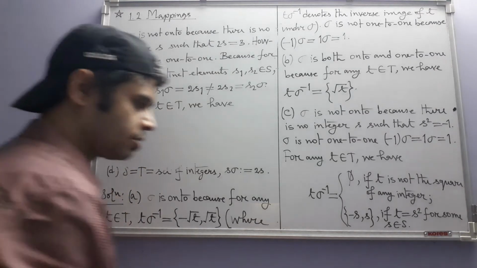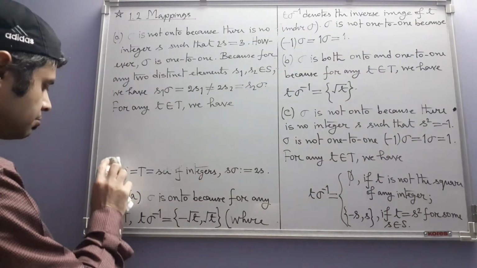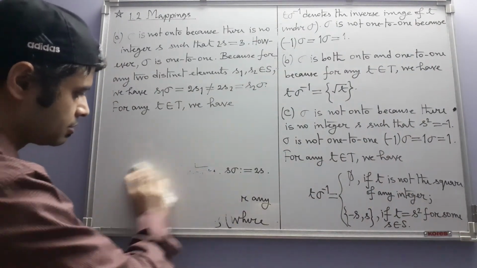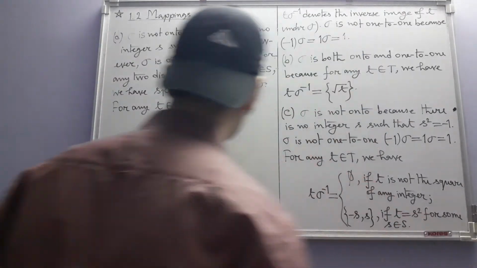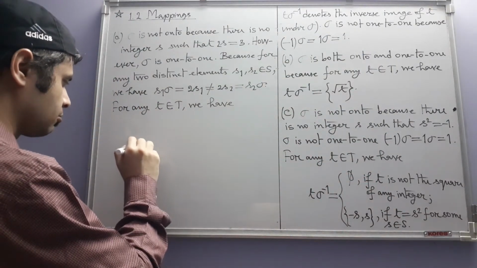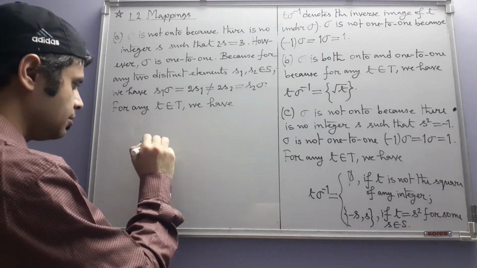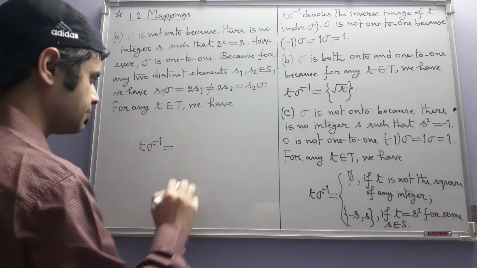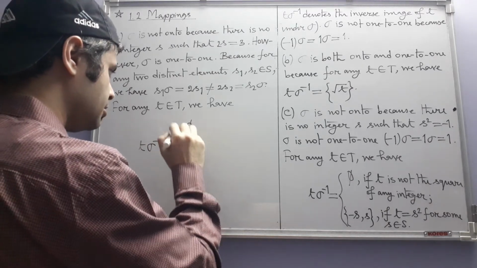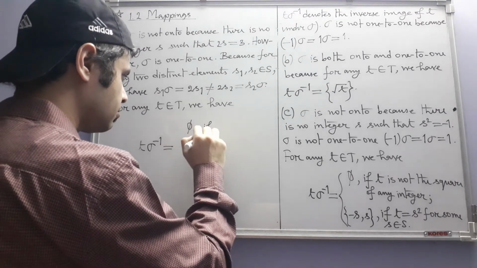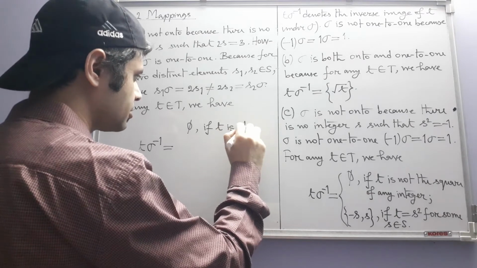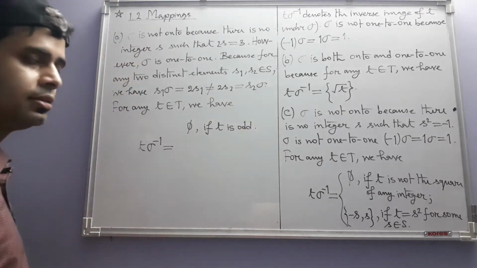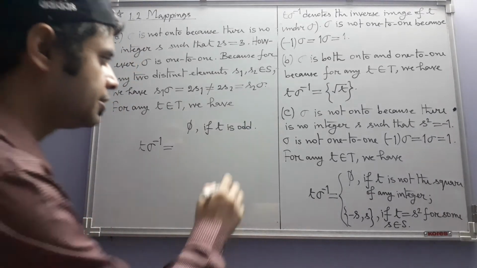So here also we need to write a formula like this. t sigma inverse is empty if t is odd, because t is coming from capital T, which is also the set of integers.